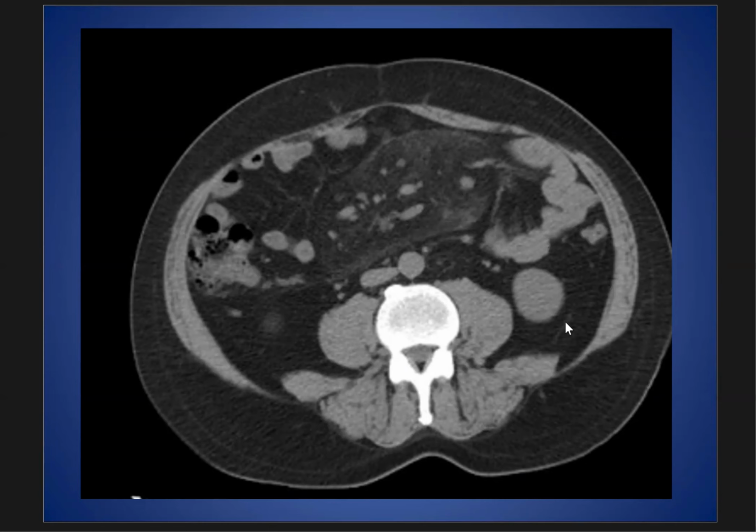What is sclerosing mesenteritis? It is an inflammation involving the mesenteric fat, and it is a rare idiopathic disease associated with fibrosis, as we said, inflammation.